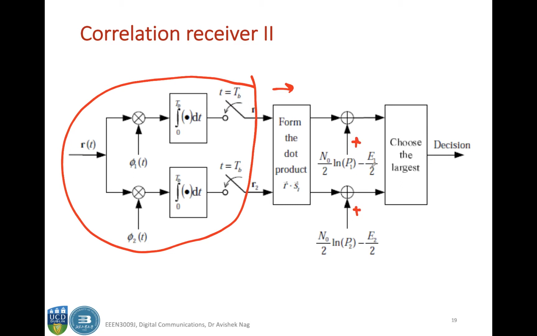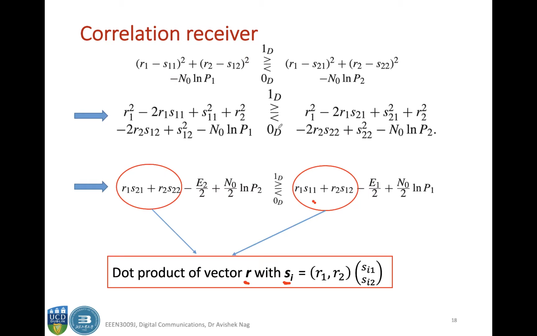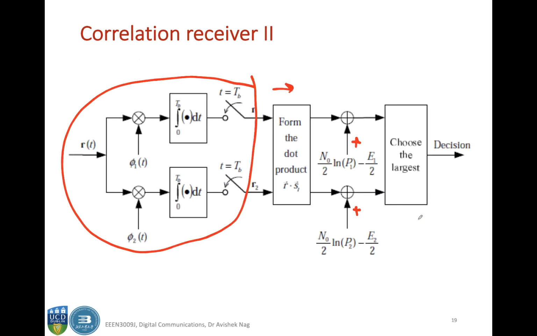Okay, and then you choose the largest of these. Whichever is largest, you take a decision in favor of that. So this is what is happening by this equation. So this is another implementation of the correlation receiver.